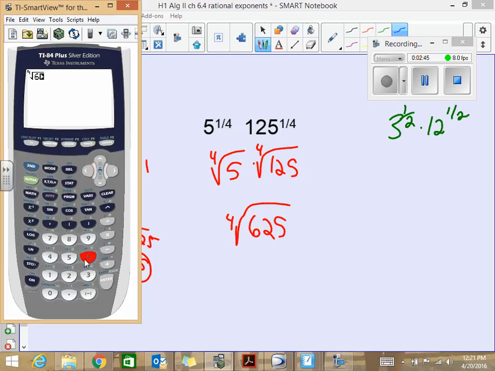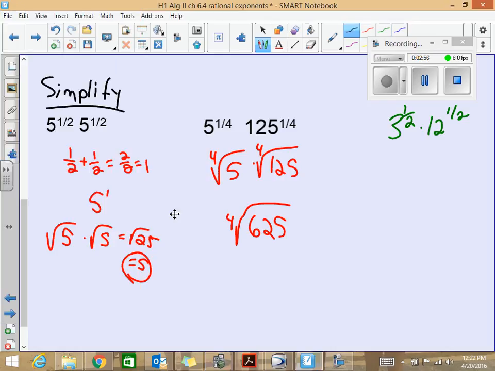Then type in 625, hit enter, and it's 5. So we could have broken it down, but you'll be breaking things down in a second, and we'll take the easy way out on this one. So the calculator tells us the fourth root is 5. Even the calculator on our laptops can do that too. So no excuse.